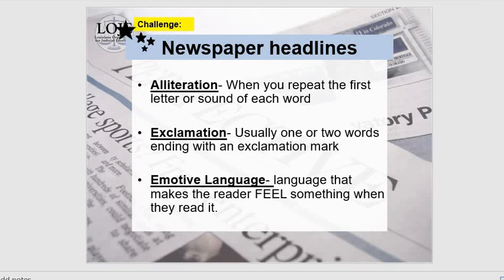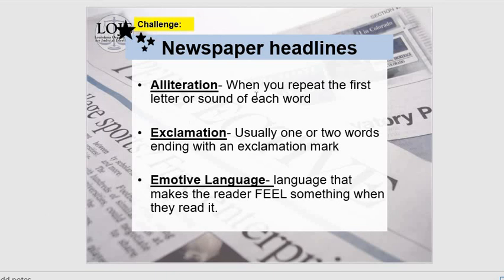Now, if you're a challenge student, or you fancy a bit of a challenge, I want you to try and make your newspaper headline a little bit more skillful. So we saw earlier that there was the newspaper heading with various R's in it. So I think it was about a rally in Runcorn. And I asked you to think about what technique that might be.